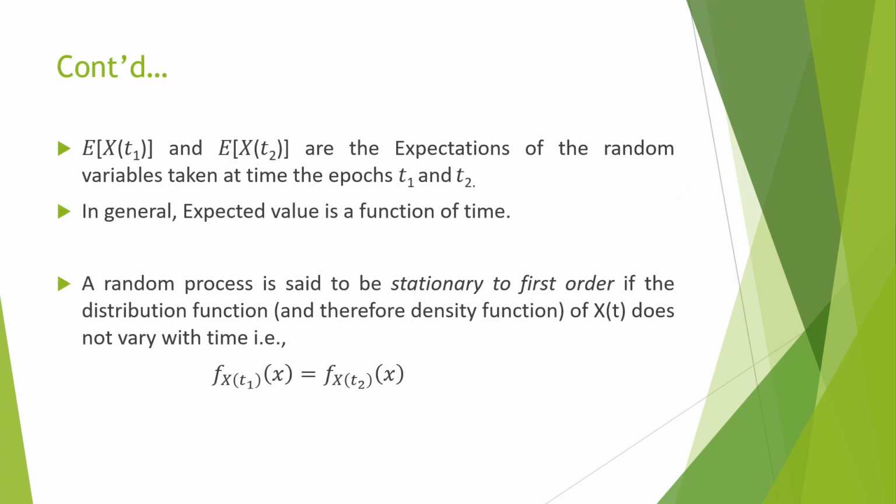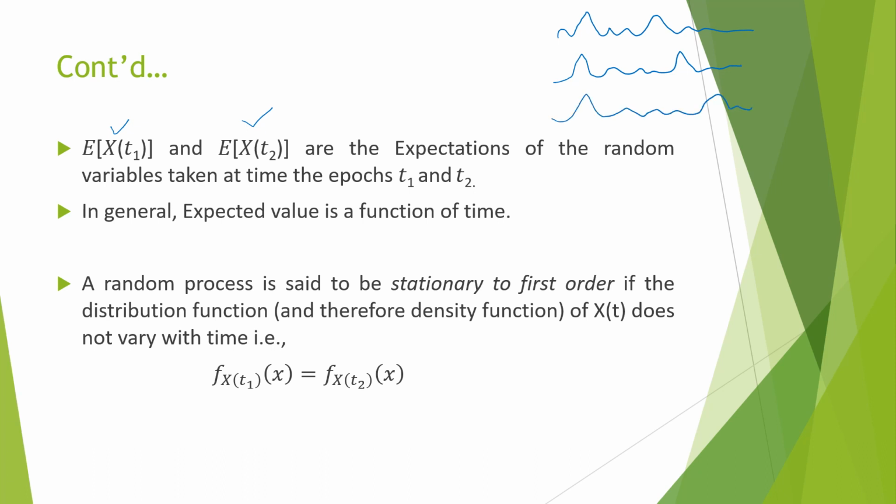We have seen what the mean of a random process is. E[X(t1)] gives us the mean value of the random process at time t equal to t1. Similarly, E[X(t2)] is the mean value of the random process at time equal to t2. Now I'll draw a simple diagram to denote the random process. Suppose these time functions constitute the random process.